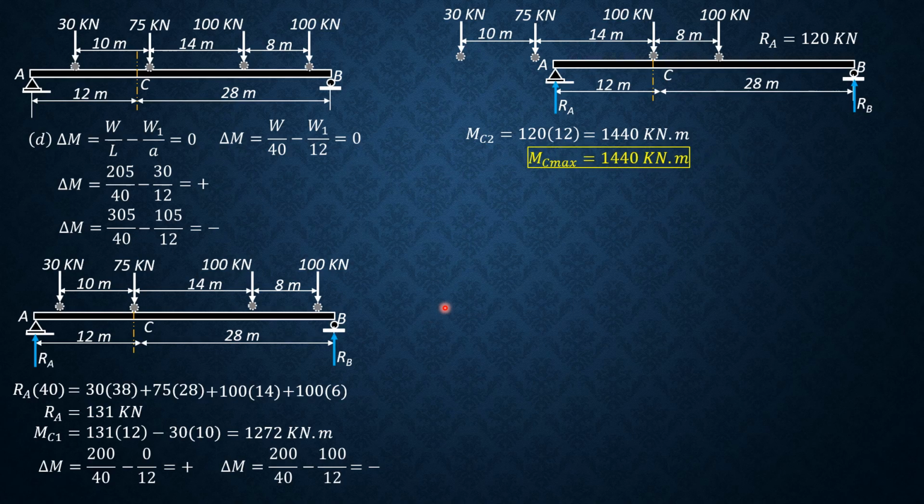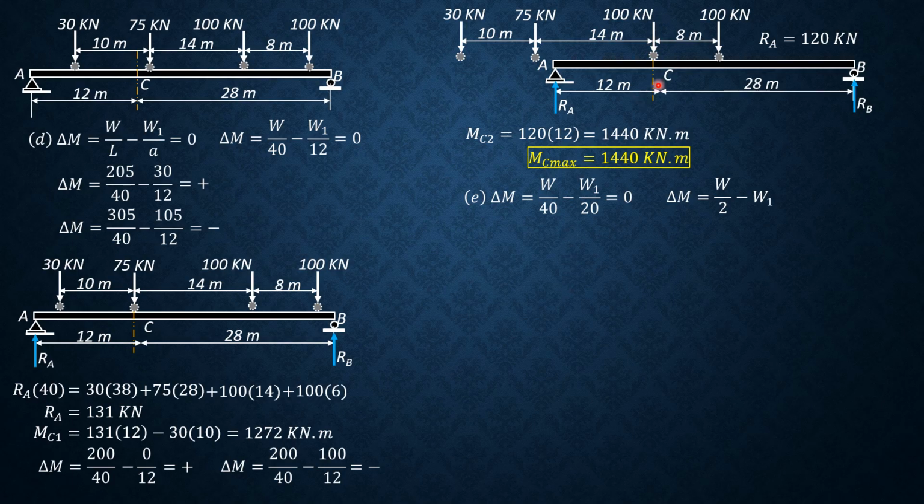So that's the answer. Next is moment at center. Criterion: W over 40 minus W1 over 20, half of 40, equals 0, or W over 2 minus W1.